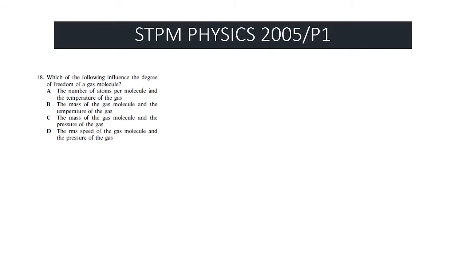Which of the following influence the degree of freedom of a gas molecule? A. The number of atoms per molecule and the temperature of a gas. So A is correct. The number of atoms per molecule will define whether the gas is monoatomic, diatomic, or polyatomic, which have a different degree of freedom.